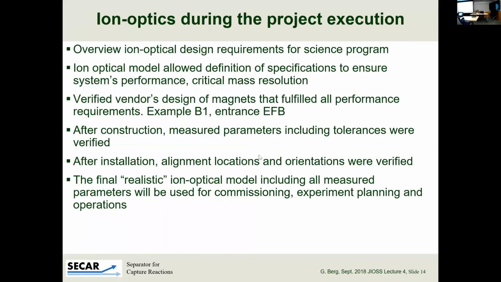So, ion optics during the project execution. A little bit of an overview of the function of the ion optics. Of course, the ion optics has to fulfill all the requirements of the science goal. We talked about that. The ion optics allowed us to define and specify all the magnets, the sizes, the precision, and so on, in particular in view of the critical mass resolution.